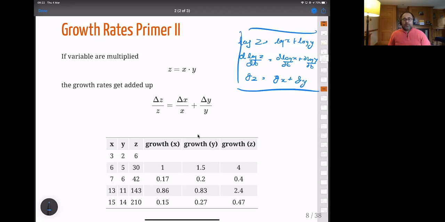But this is not a formula that you need to worry about. You just need to learn the simple rule that if z and x and y are multiplied, the growth rates will be added up. So what that basically means is this.